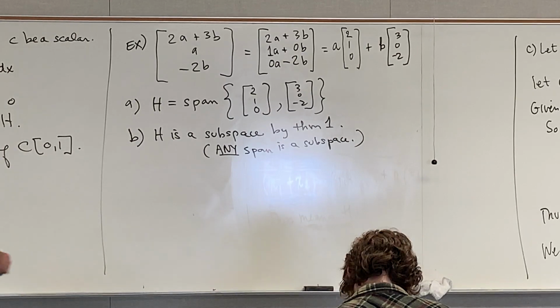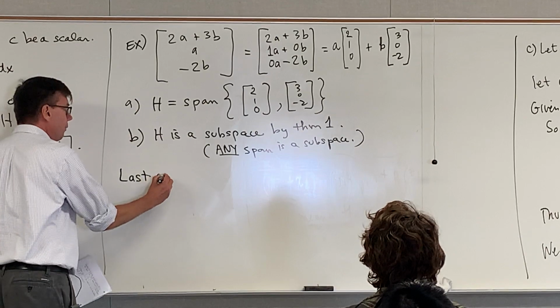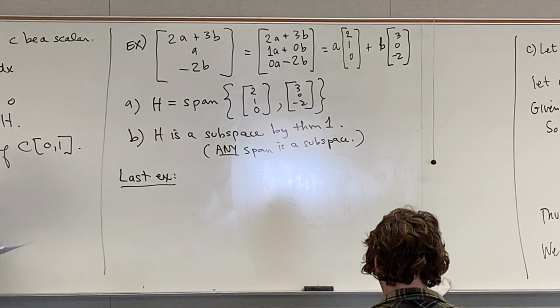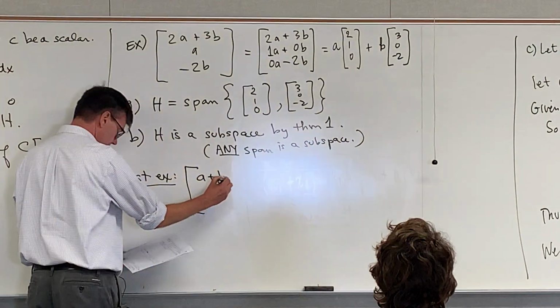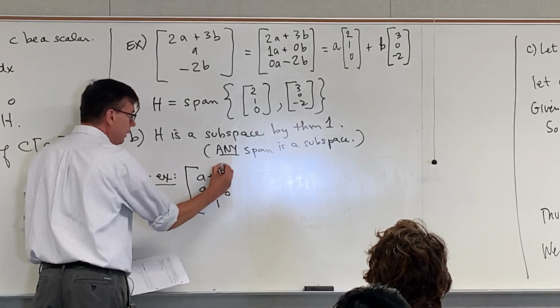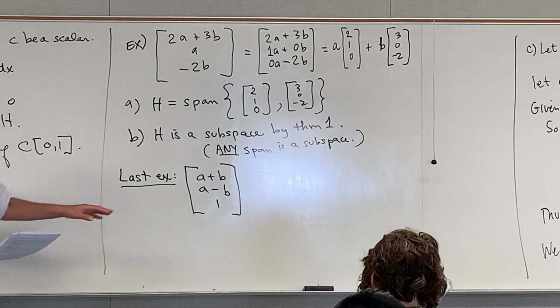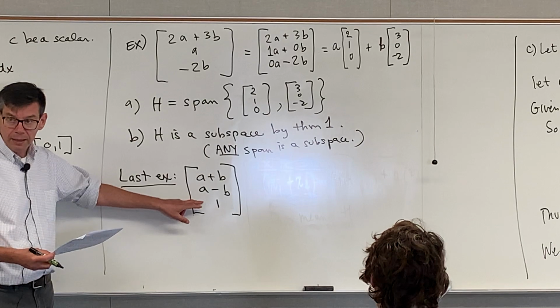All right, I'm out of time, but I just want to do one last example, and we're going to have to come back and finish this next time because I didn't get through it all. I just want to compare that last example, the a plus b, a minus b, 1. So it says H is the set of all vectors of this type, where a and b are any real numbers.